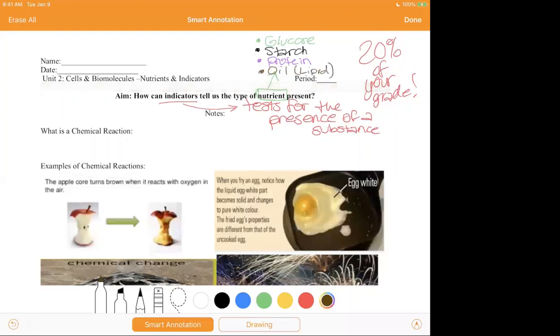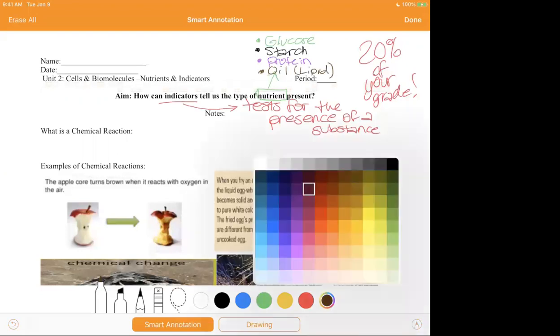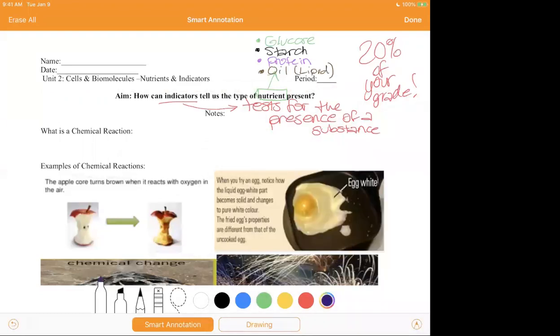Okay, so that's pretty much the lab that we've already annotated. Let's go through. So what is a chemical reaction? I'm sure you guys have seen chemical reactions occur, or maybe even done some yourself. But a chemical reaction essentially is a reaction between two substances.